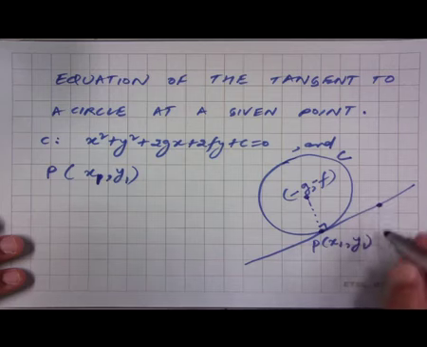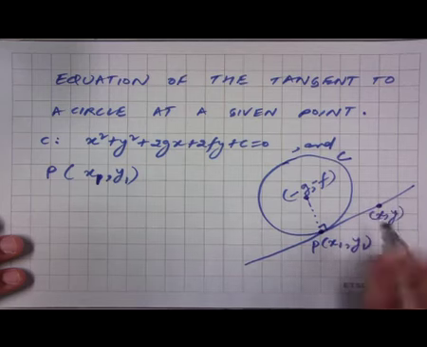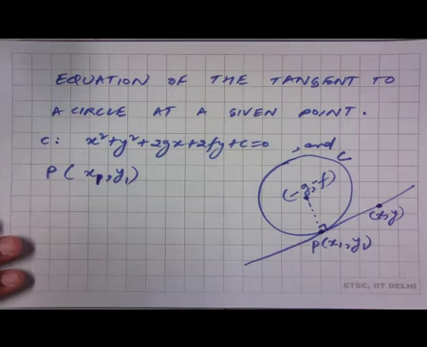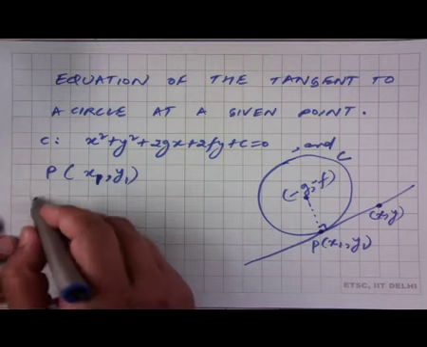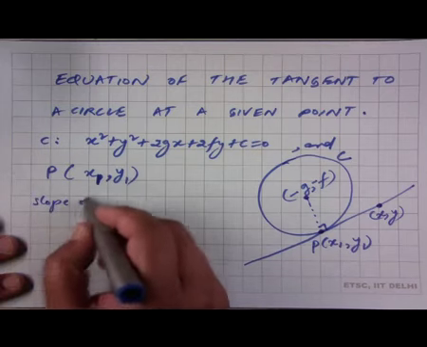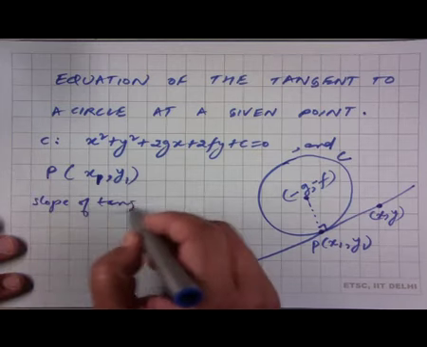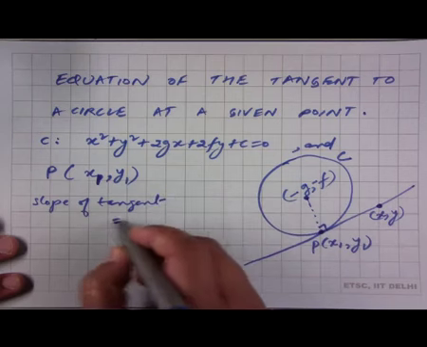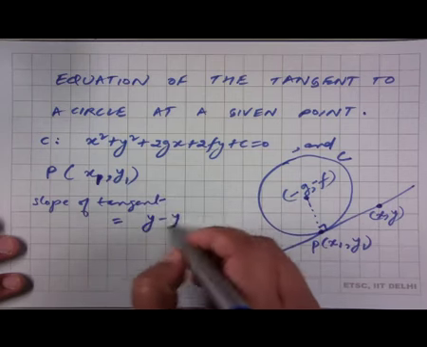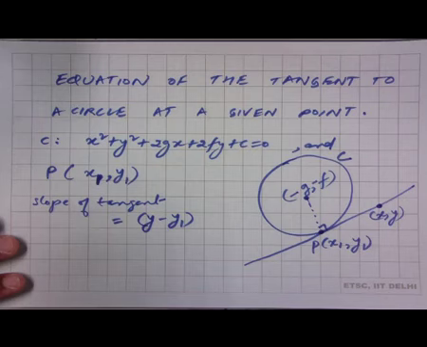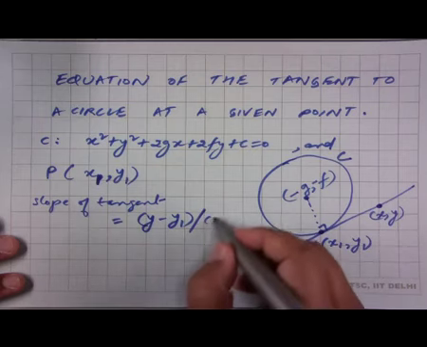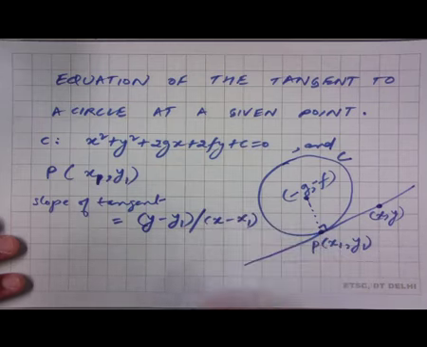Now, suppose we have a point x y on this tangent, then the slope of the tangent is y minus y1 divided by x minus x1.